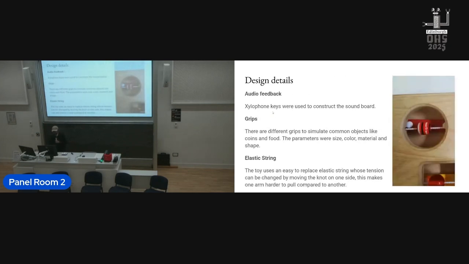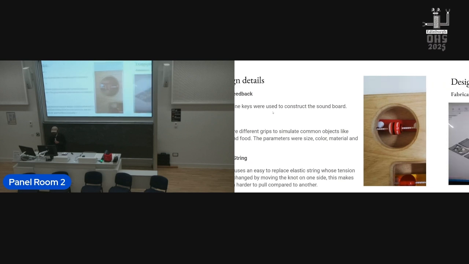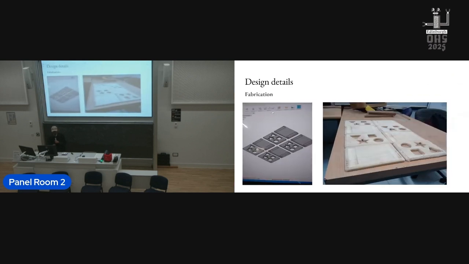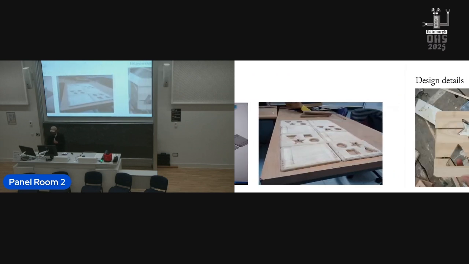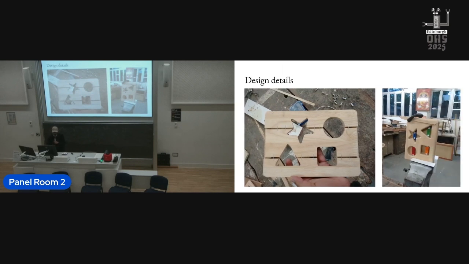And the idea is that you have an elastic string and you pull it, and you get different kinds of sounds, but the pulling part is the grips, that are different grips that the kids can be trained on. And this was the CAD model, and this is the CNC. And then we used a saw blade, and we made these grooves, and then eventually we glued everything together.